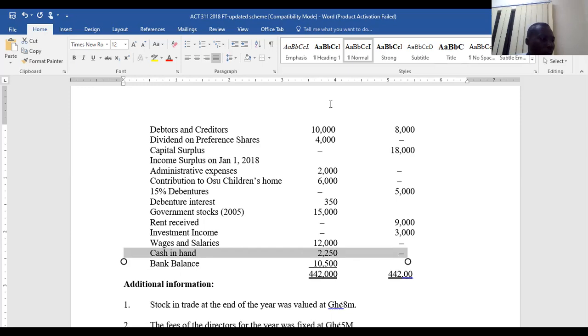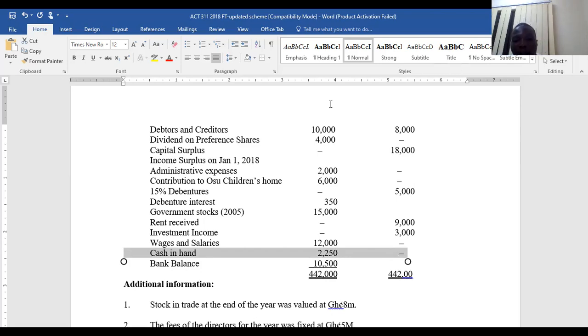So from the fixed assets, 229,000, investment, 15,000, you get 244,000 as the total fixed assets. You come to your current assets: stock 8,000, debtors of 8,800, prepayment of 200, cash in hand of 2,250.